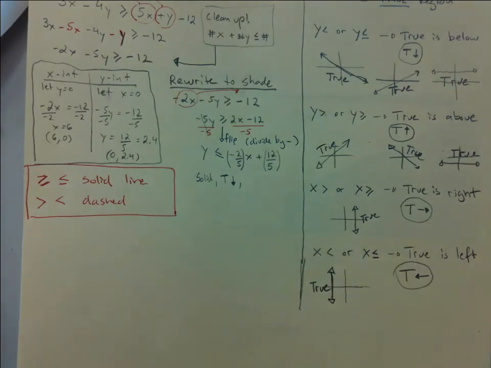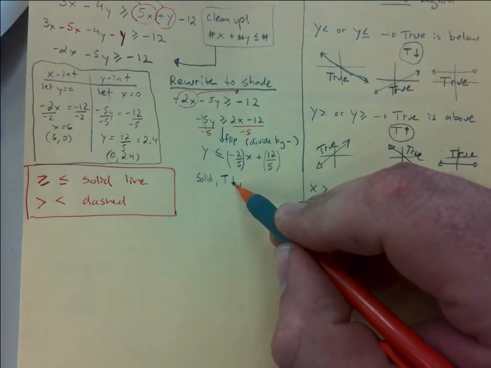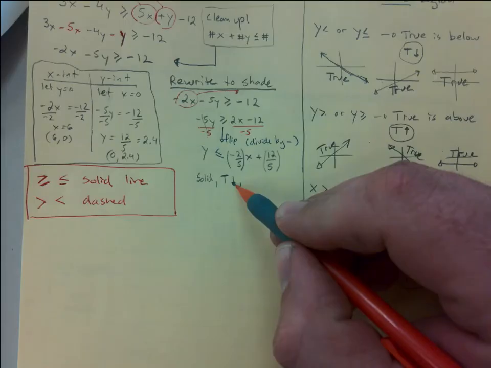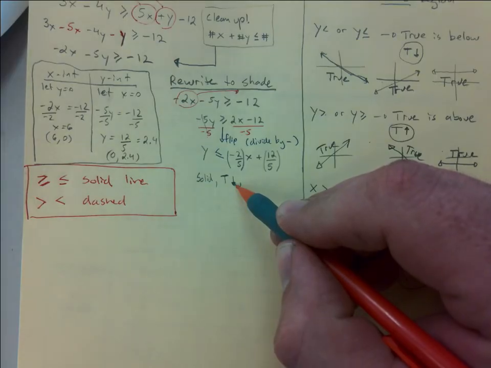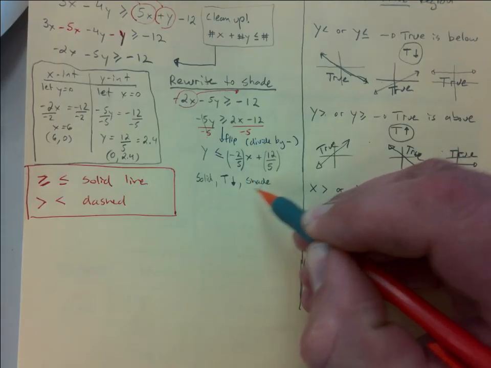The true region is below the line, but we're using reverse shading. For systems in particular, I'm using reverse shading. If the true is below the line, but I'm using reverse shading, I'm shading the false region. Where would I shade here? The exact opposite.